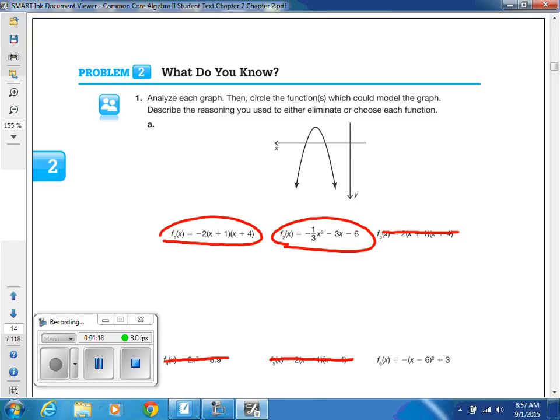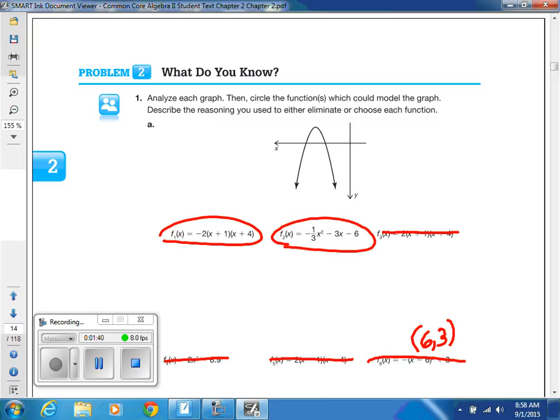HK is your vertex. What's in the H place? 6. What's in the K place? 3. Is that vertex at 6, 3? No, it's in the wrong quadrant, right? So it can't be this one. That one's out.